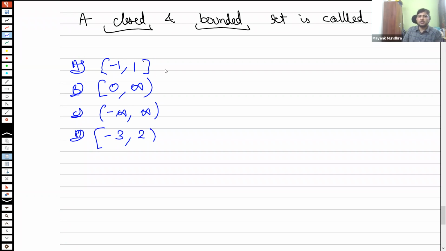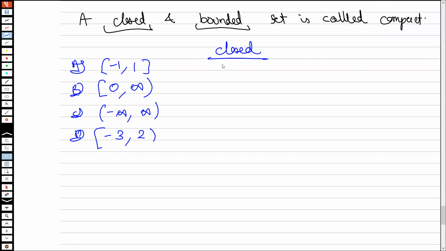Which of these sets are, first of all, closed? Let us talk about which of these sets are closed. A is closed. Fine. Is B closed? No, sir. Why not? So it's just closed from one side, but the other side it's open. So what was the definition for closed sets?